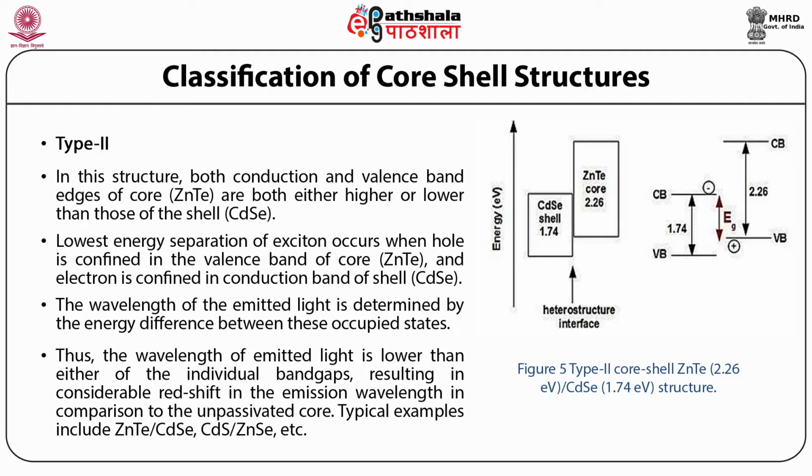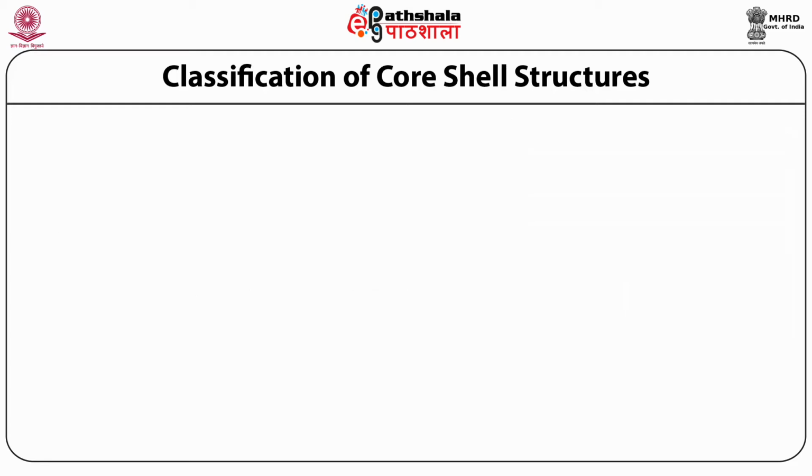This results in considerable redshift in the emission wavelength in comparison to the unpassivated core. Typical examples include the heterostructures such as zinc telluride and cadmium selenide, then cadmium sulfide and zinc selenide, etc. Another type of core shell nanocrystals are of the doped core shell semiconductor nanocrystals.